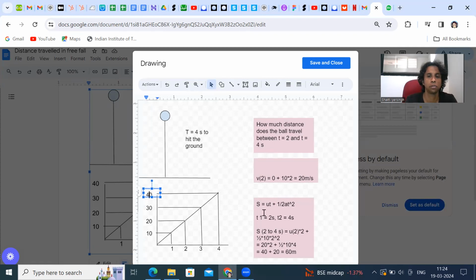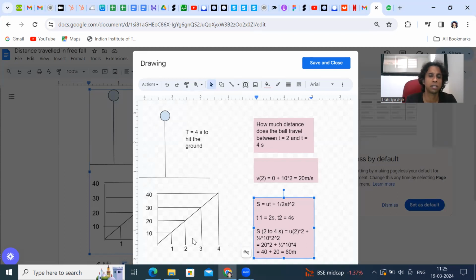Then we go to s equal to ut plus half at square, and we substitute u as 20, u into t, because the time duration is 2 seconds, 2 to 4 seconds, plus half into g, which is 10, into t square, again 2 square. So this is 40 plus 20, 60 meters.